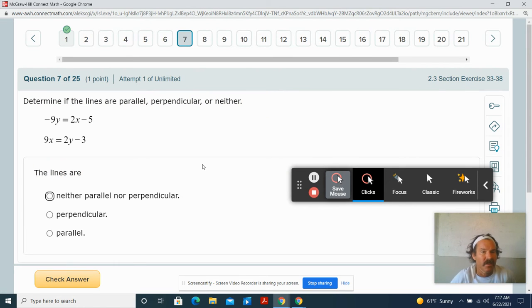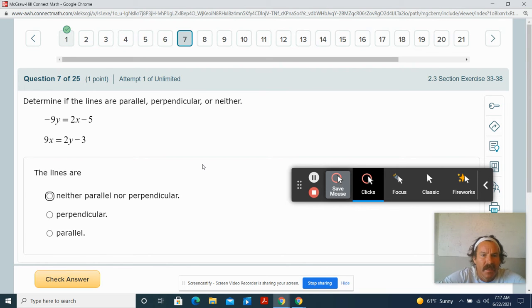Okay, 7 asks you a question. Actually, it's one of 3 answers. It says, determine if these lines are parallel, perpendicular, or neither. Notice both those equations are not in slope-intercept form.